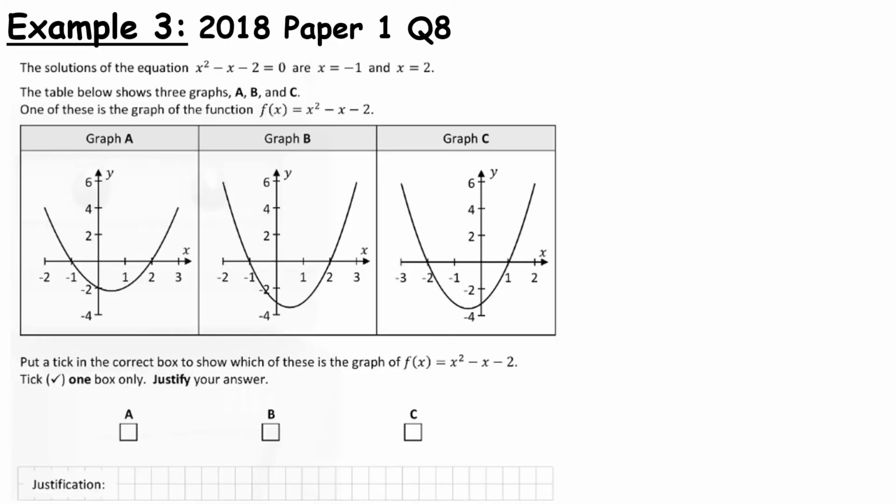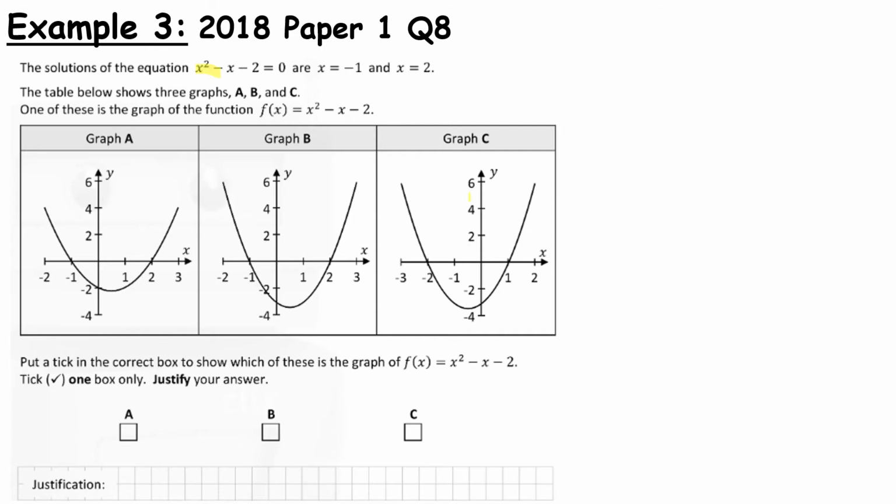Let's look at an exam style question. This is from the old junior certificate course, but will give you a good chance to see the types of questions that we were asked previously. So we have 3 graphs here, and they have told us that we are dealing with one particular equation.